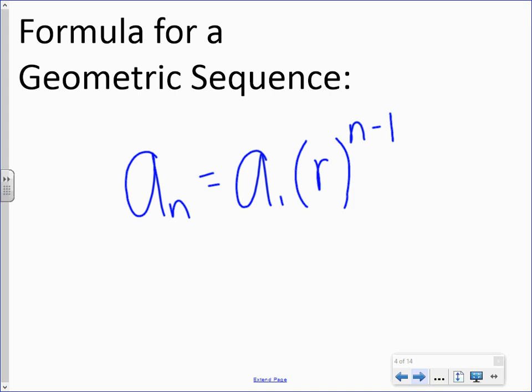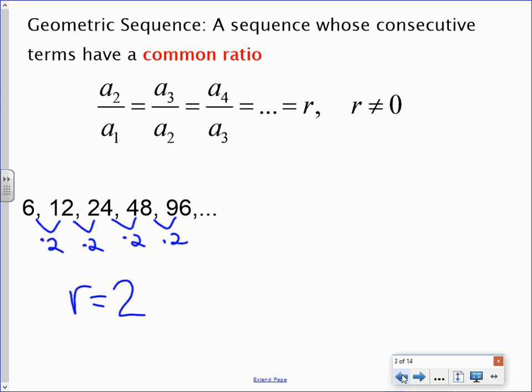So going back to this example, our first term is 6, our ratio is 2 to the n minus 1 power. Now let's check. If we plug in 1, 2 to the 0 is 1, so we would get 6 times 1. If we plug in 2, we would get 6 times 2, which is 12, and so on.